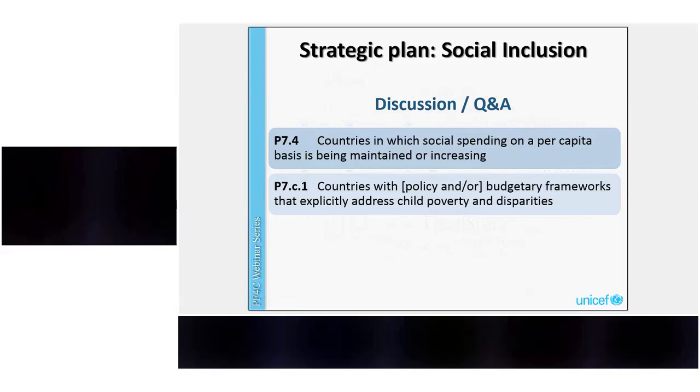Hello, everyone. This is Ching again. Just wanted to mention one thing that has not been mentioned so far, which is that if you go through the strategic plan indicator matrix, you will notice that in 4 sectors there's no public spending, budget advocacy type of work-related indicators.